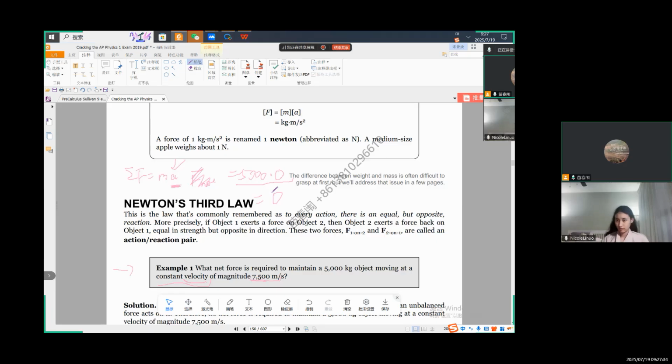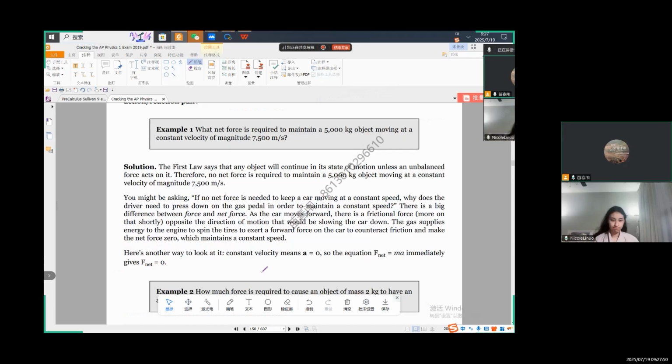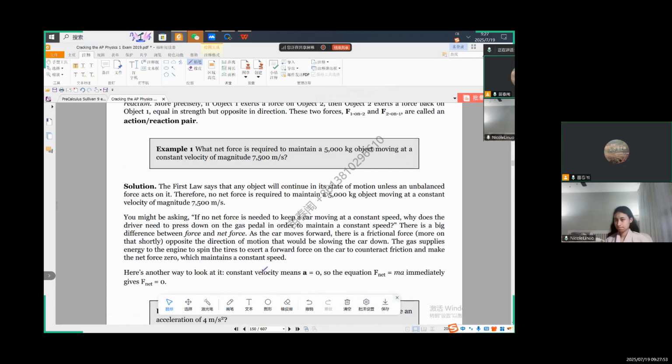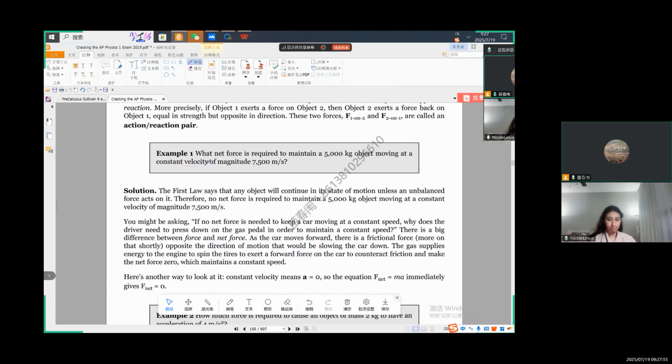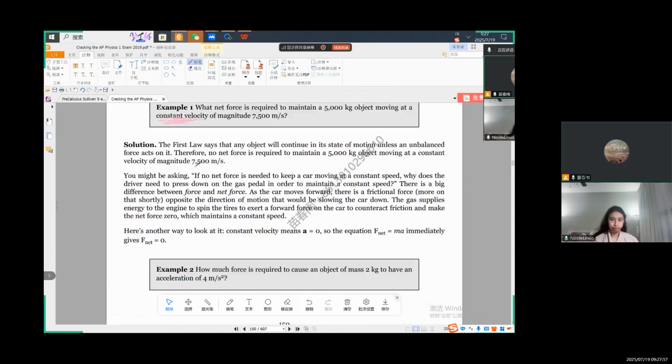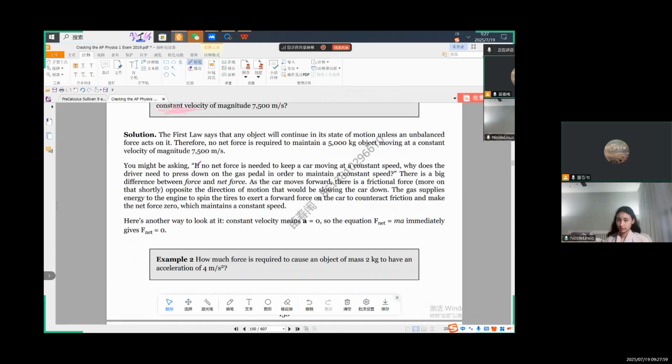Which means you need an extra force, per Newton's first law, because we have inertia. So we have the tendency to remain in the previous motion. Example one: just be careful with the formula and constant velocity, and watch out for that everywhere. Example two.